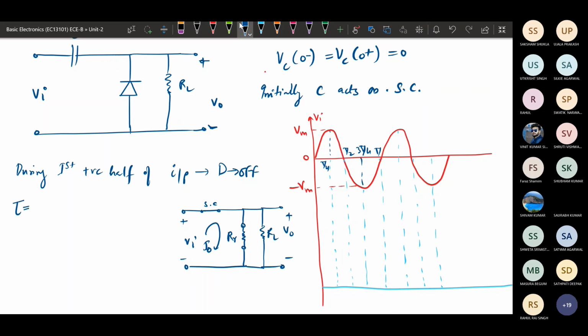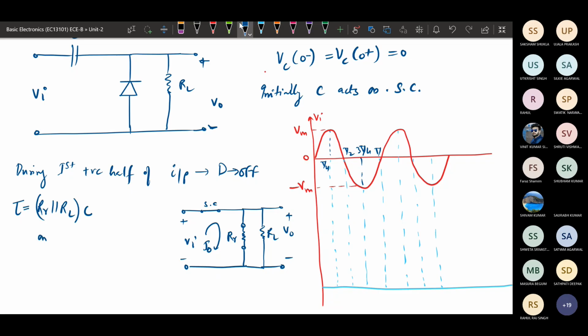The time constant in this case: here it is a capacitor and this is the resistor. So the time constant will be R, that is the reverse bias resistance, in parallel with the load resistance, multiplied by the capacitor. But this R is very high compared to RL.